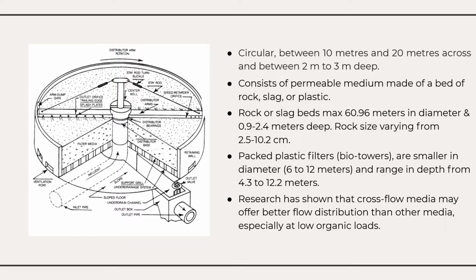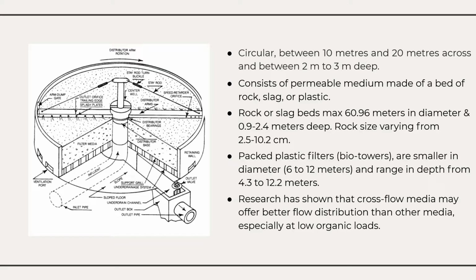Rock or slag beds can be up to 60.96 meters, which is 200 feet, in diameter, and 0.9 to 2.4 meters, which is 3 to 8 feet, deep, with rock size varying from 2.5 to 10.2 cm, which is 1 to 4 inches.